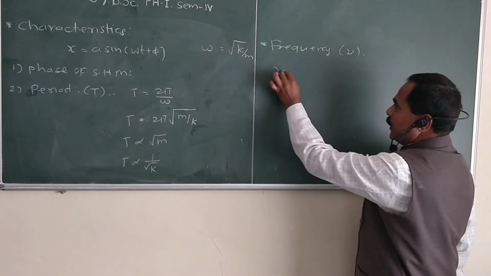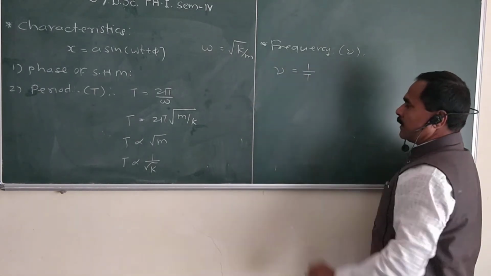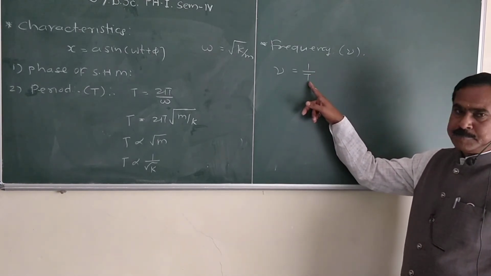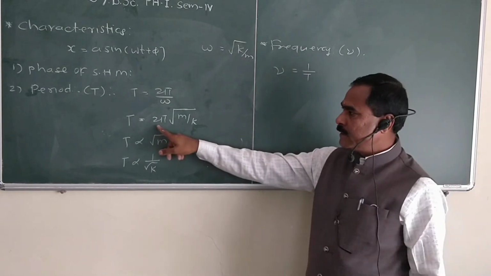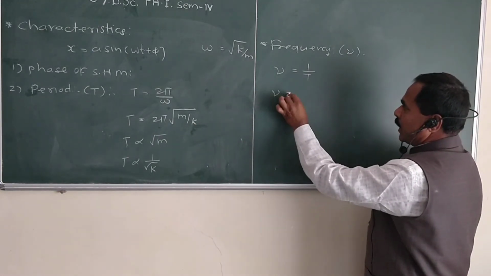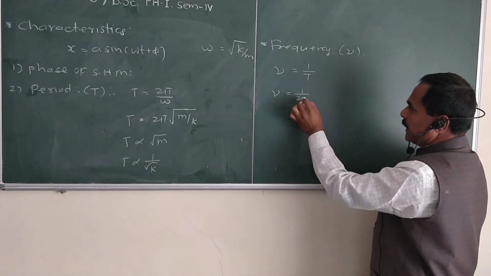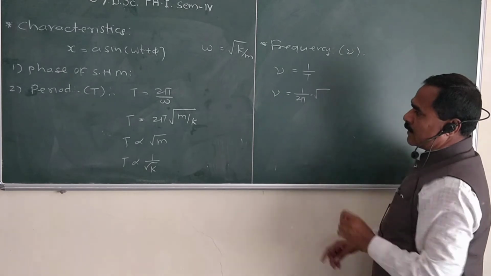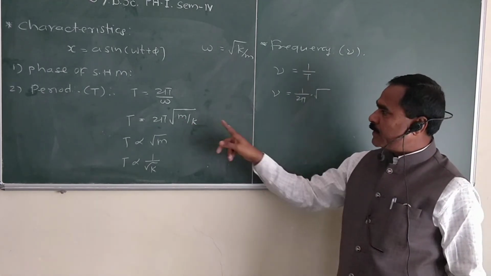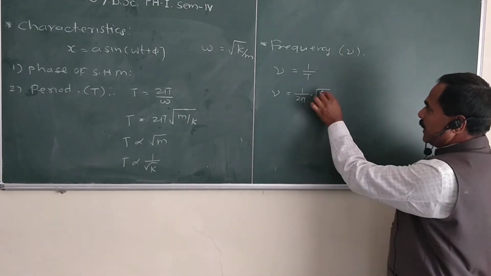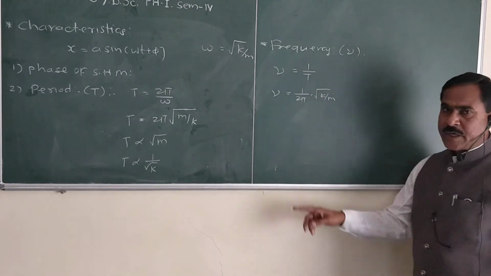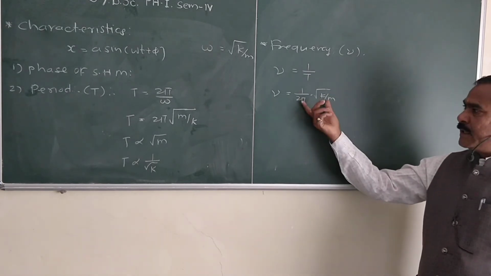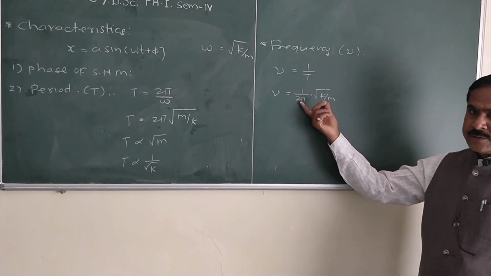That means we write nu equal to 1 upon T. Substituting the value of T from this equation, we write frequency nu equal to 1 upon 2 pi into root of m upon k. Since it is in the denominator, we write k upon m. That means nu equal to 1 upon 2 pi into root k upon m is the equation of frequency.